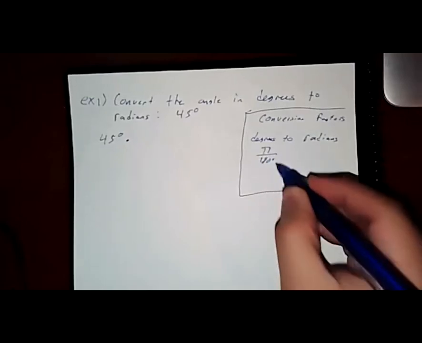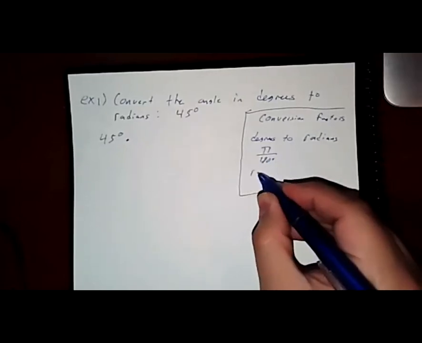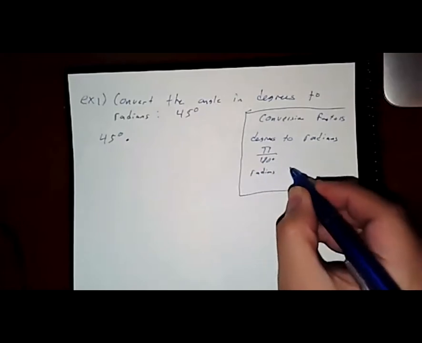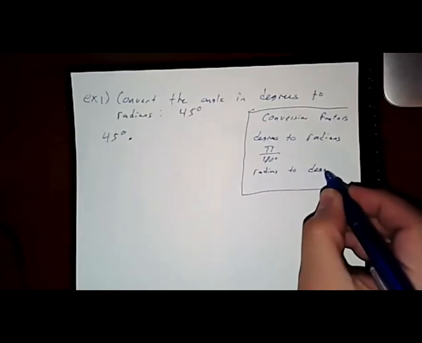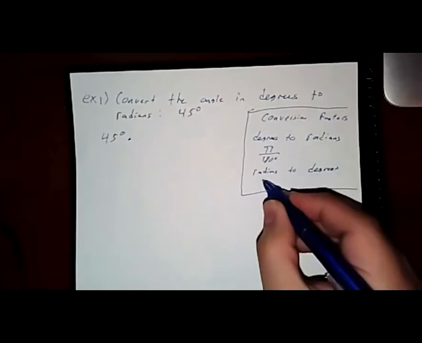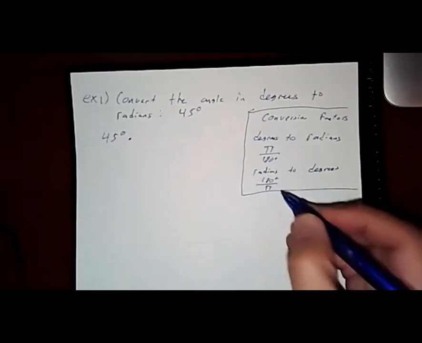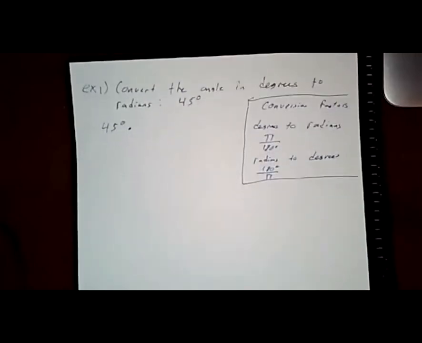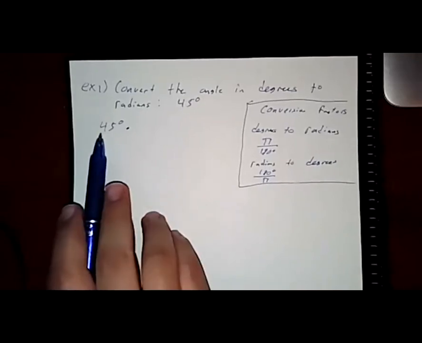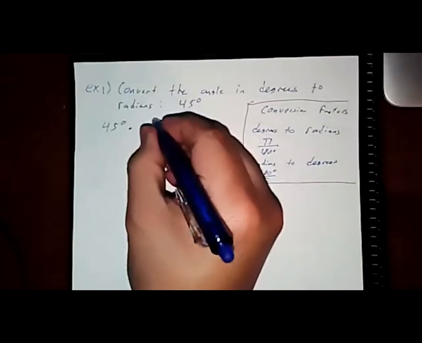Put the degrees on the bottom. Radians to degrees, use the inverse or the reciprocal, 180 degrees over pi. So since I am going from degrees to radians, multiply by pi over 180.